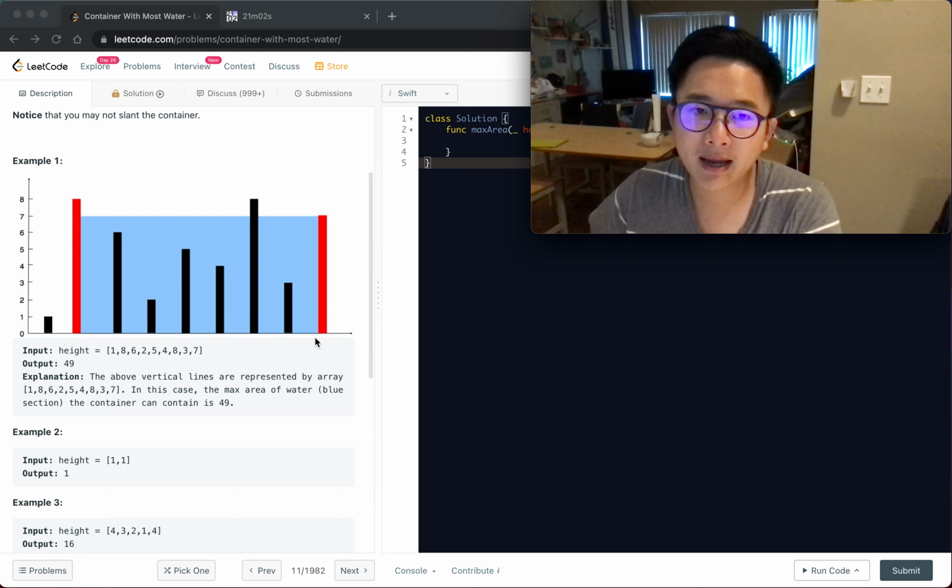Then that means this area is determined by the shorter end.